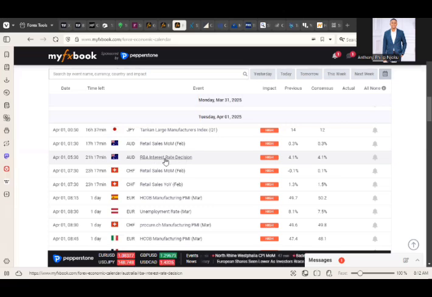Then we have interest rate decision. This is a high impact news coming in by 5:30 a.m. West African time. They're expecting to leave interest rates unchanged at 4.1%. If that happens, AUD/USD should lose some strength. But if there is a hike, AUD/USD should have strength. If there is a cut, AUD/USD should lose strength.